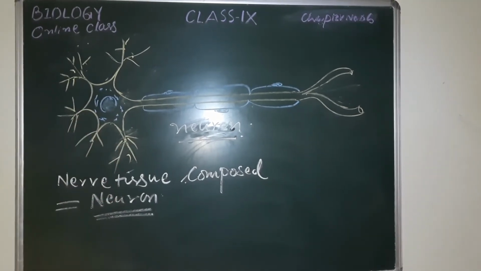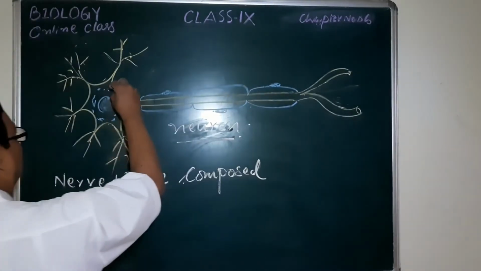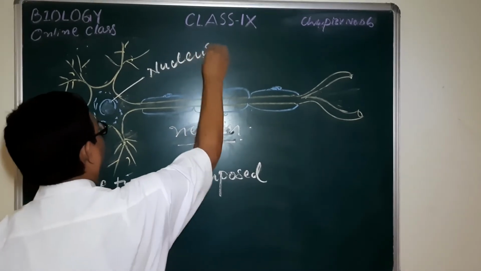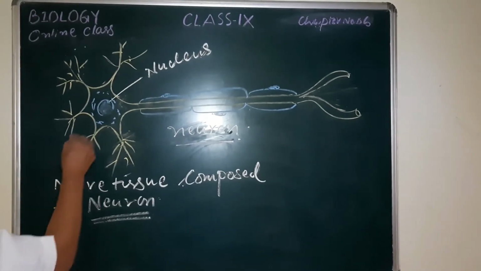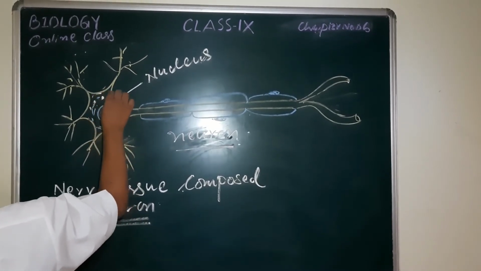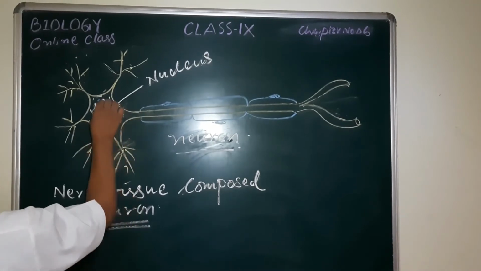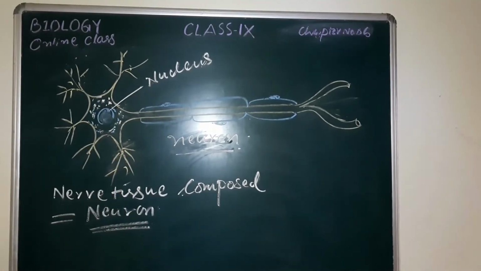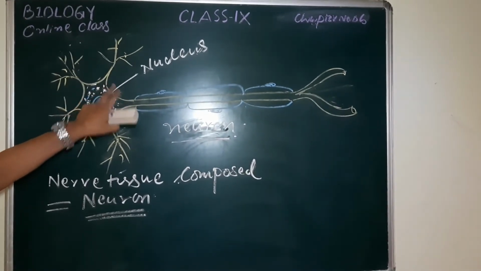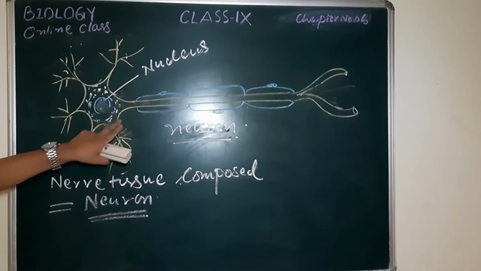How do you understand this structure? Here, this is the nucleus, the important part, the cytoplasm, and within the cytoplasm there are granules, Nissl's granules. This is the membrane, plasma membrane, like that of the other animal cells.